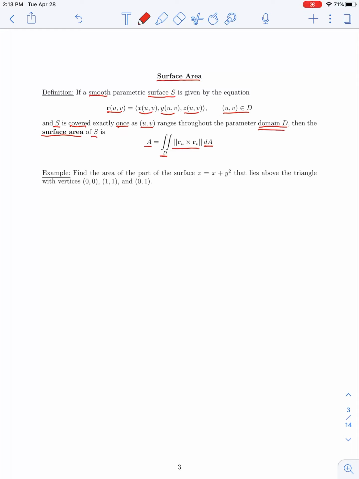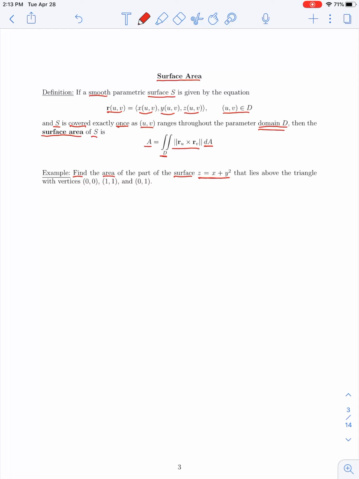So now that we have this, let's look at how we could find the area of a surface which is the graph of a function of two variables, say z, which is a function of x and y.